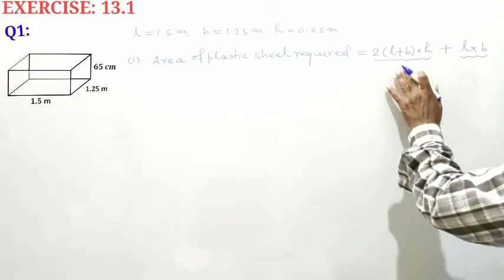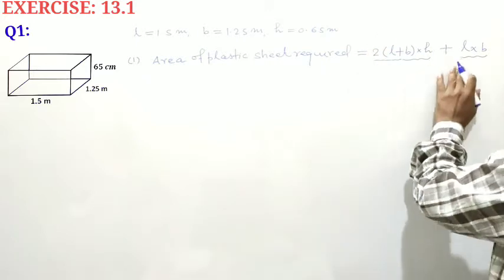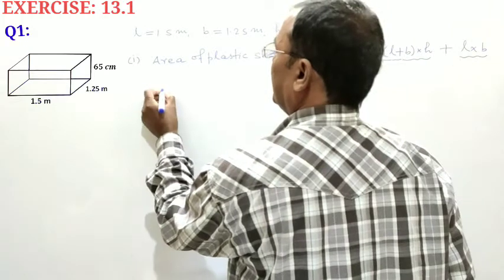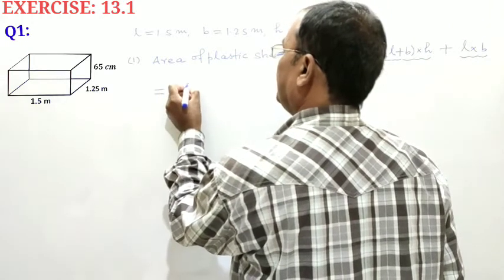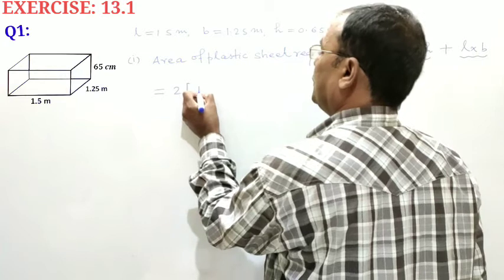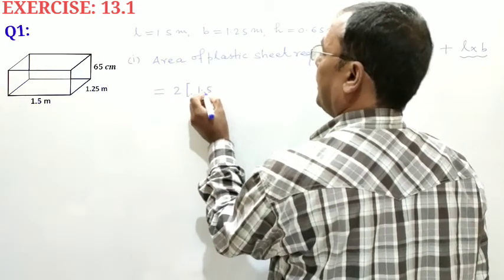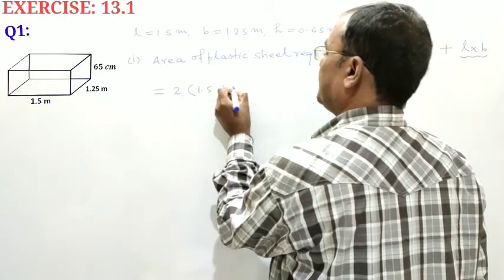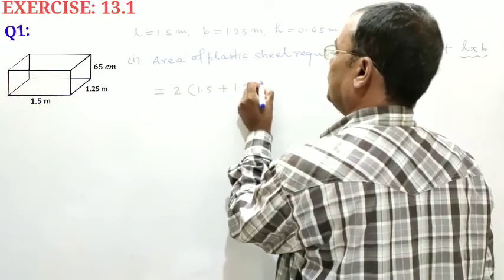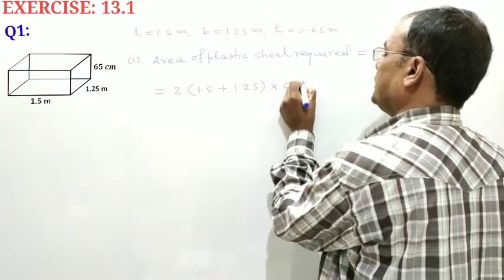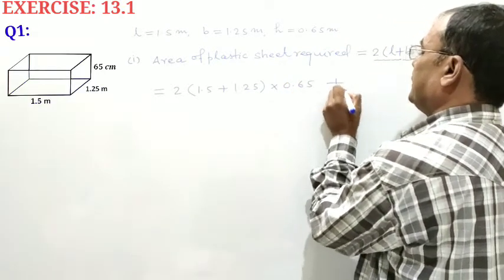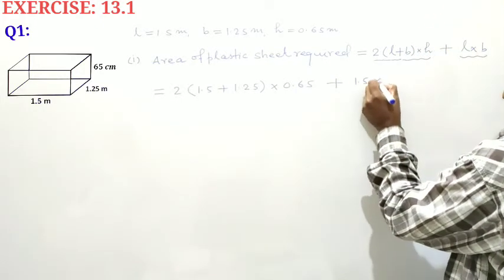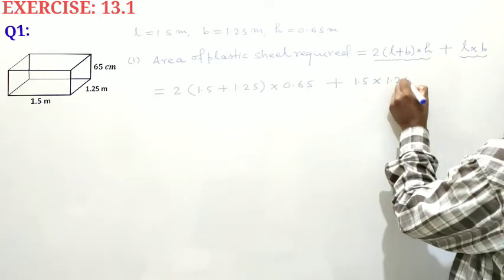Now let's substitute the values of length, breadth and height in the formula, and this is going to be equal to 2 into length 1.5 plus breadth 1.25 into height 0.65 plus length 1.5 into breadth 1.25.